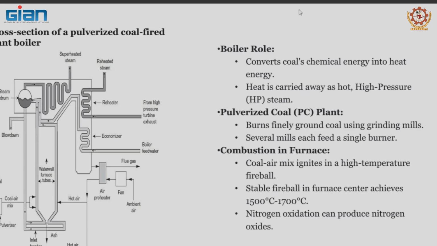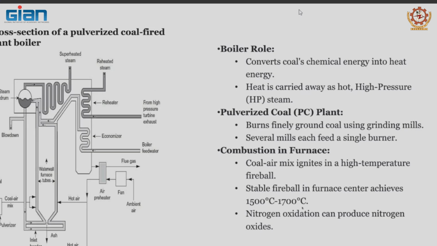They are made of extremely hard carbon steel, and they break coal particles down to around 20 to 40 micron size. It has to be very fine because it has to be injected together with the air into the combustion chamber. I want you to pay attention here to the temperature range.